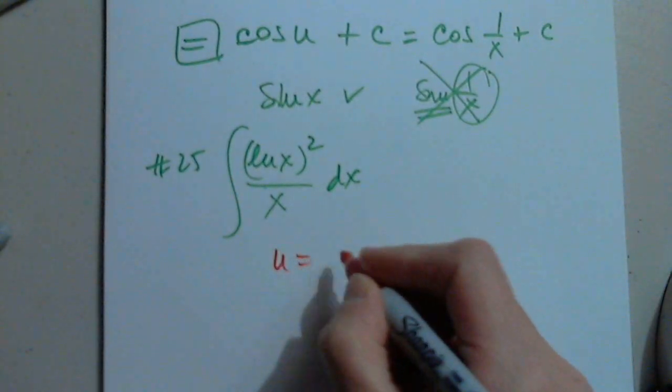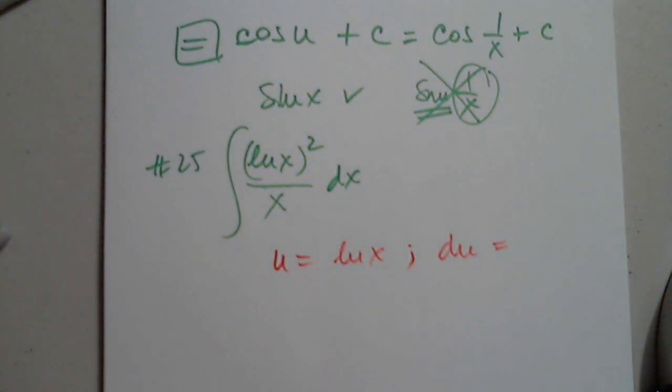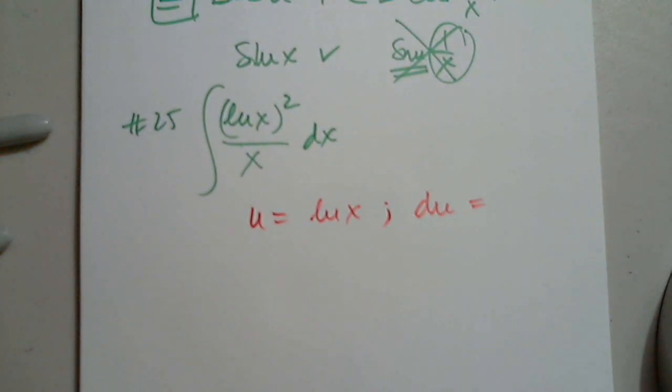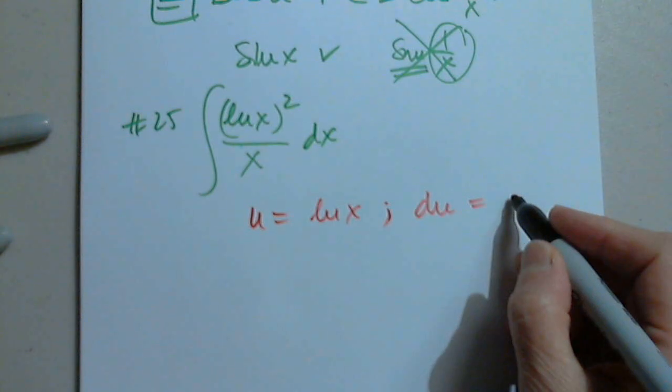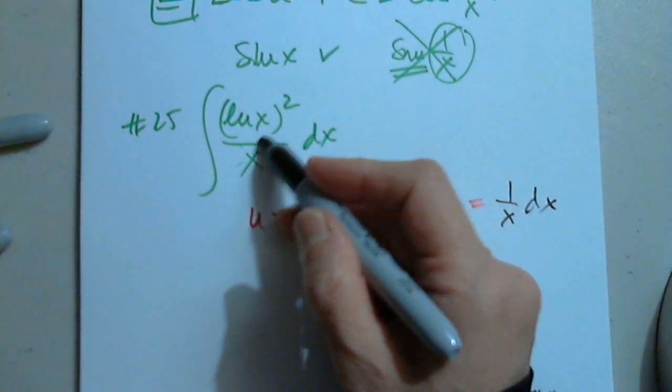So I will say let u be natural log x. Let's see if we can find du with a minor adjustment. The minor adjustment will never be a problem. But du pretty much has to be in there for this to work. dx over x. Yes, 1 over x dx.